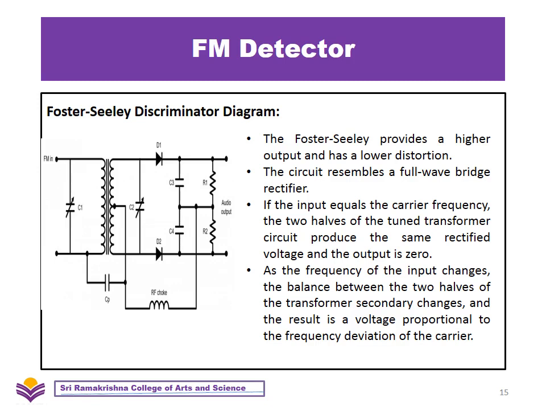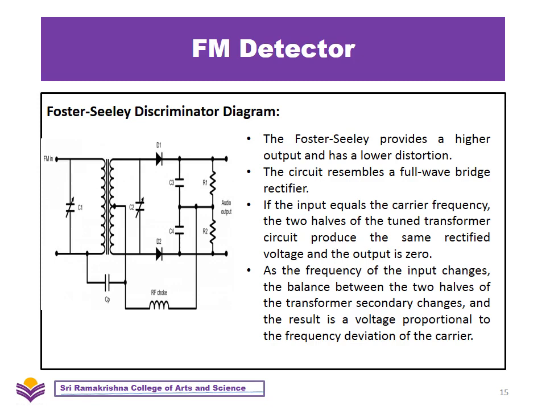The secondary of the transformer is split into two. One end of the secondary is connected to diode D1 and the other end is connected to diode D2, and it is separated by a center tap point which is connected to the RF choke.